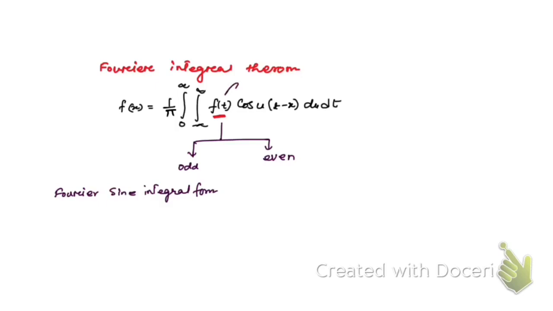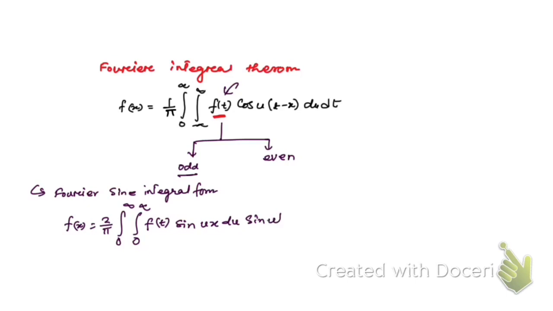If this function f of t is odd, then it can be written in Fourier sine integral form, and that is given by f of x equals 2 by pi, double integration from 0 to infinity, then again 0 to infinity, f of t sine ux du, then sine ut dt. That's what we're going to have.